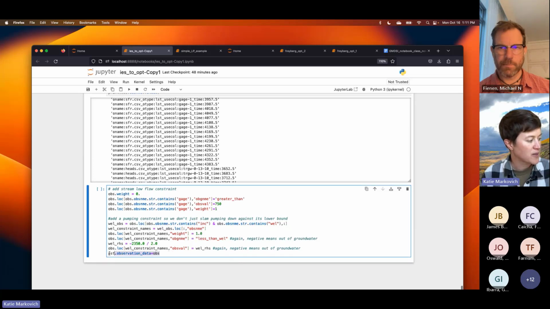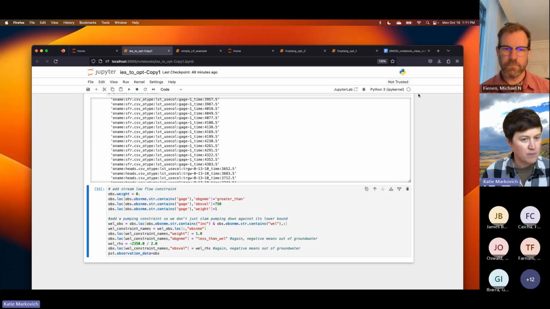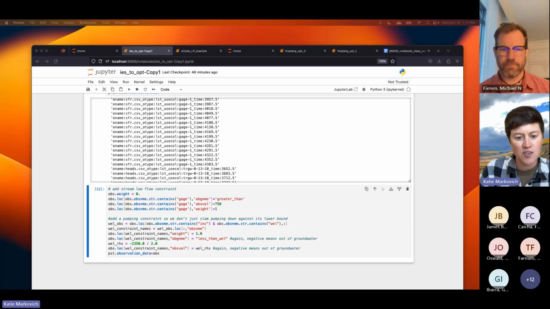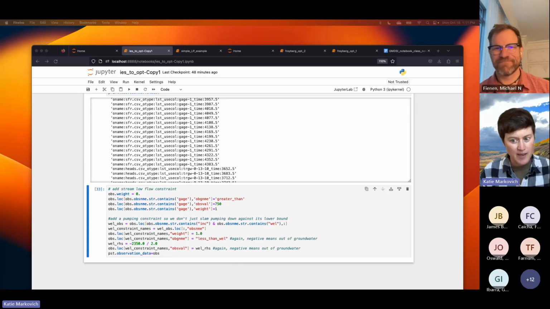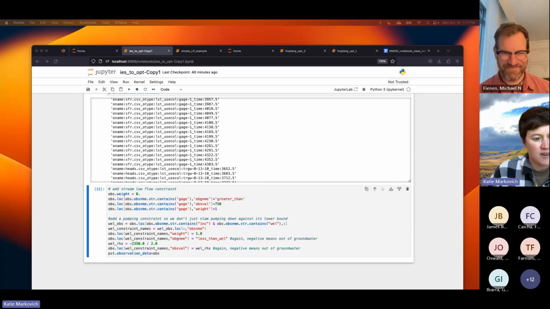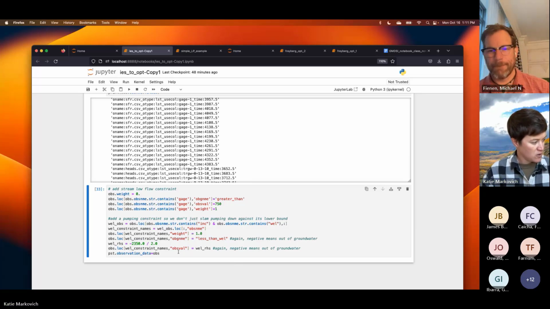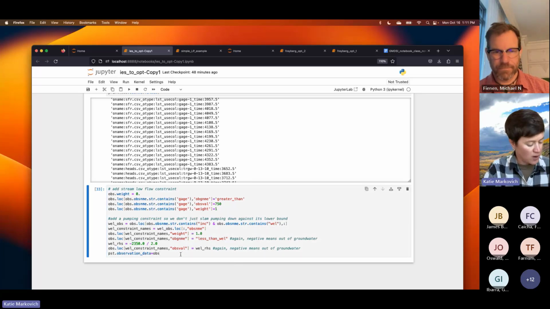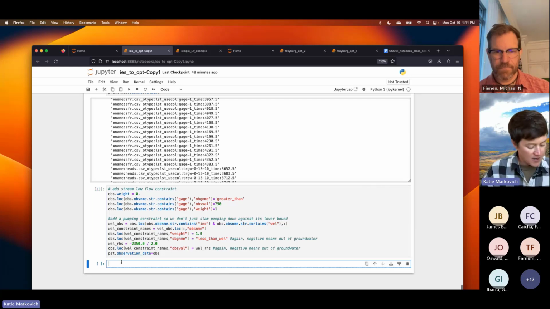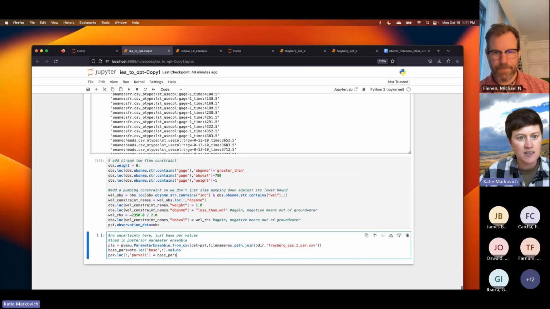And we always want to make sure that we bring that back into our PEST observation data section. I've made many mistakes where I do all this fancy stuff and then I never bring it back in, and then your run doesn't look like what it should look like. Another thing I want to pause and detour on is the fact that we have an IES ensemble, a posterior ensemble.